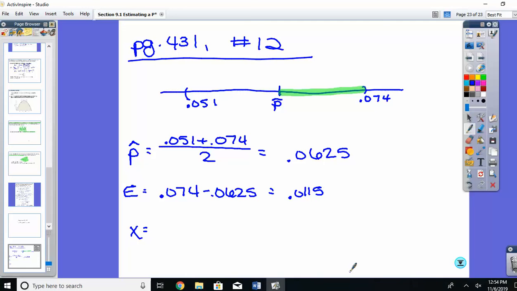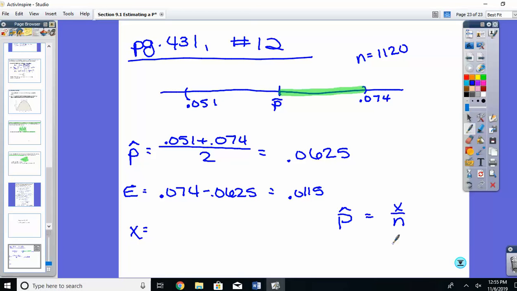Okay. The third thing asks for my n, or x. The problem told us that n was 1,120. Keep in mind, p hat is x over n. That's on your formula sheet under chapter 8.